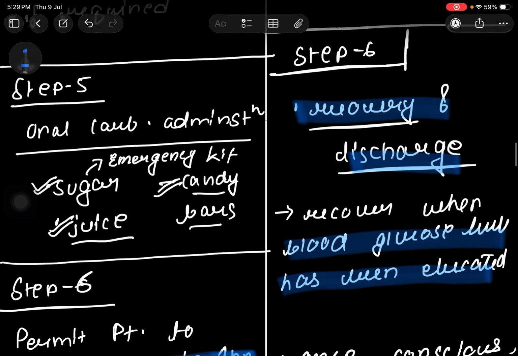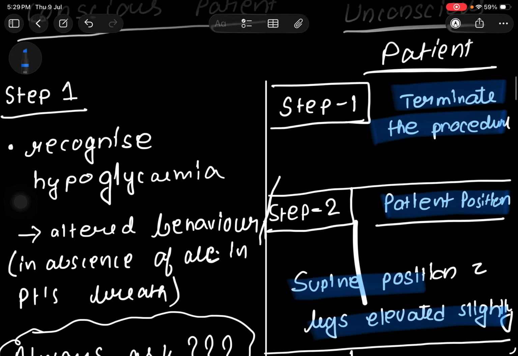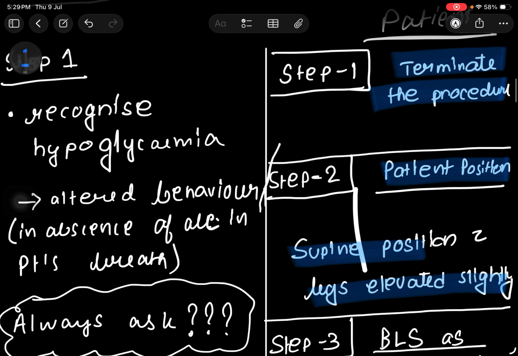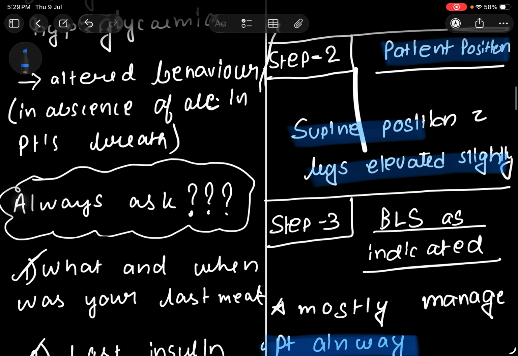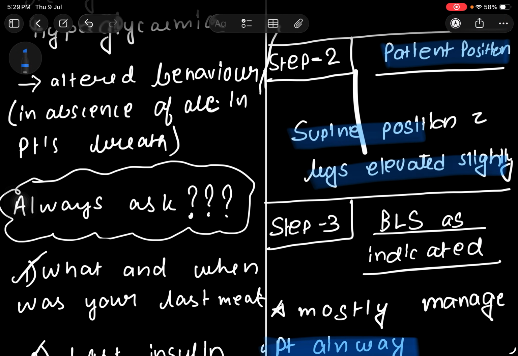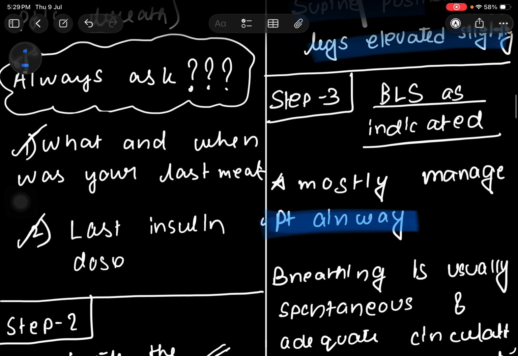Now in case of an unconscious patient, the first foremost thing is to terminate the procedure. Then patient position is supine with the legs elevated slightly. Then if BLS is indicated, BLS is basic life support. If BLS is indicated, we will give it, or else we will skip the step.